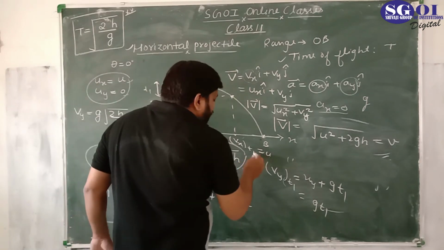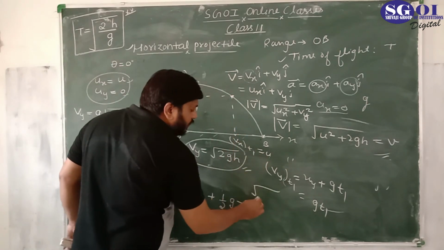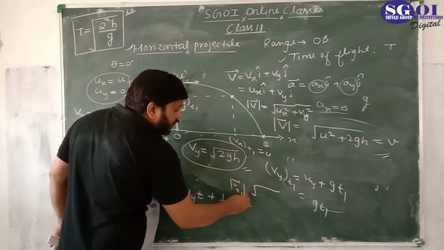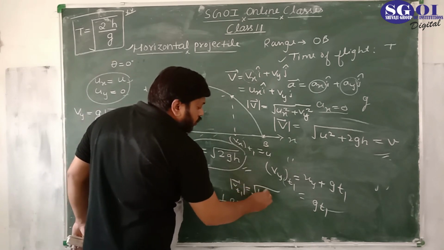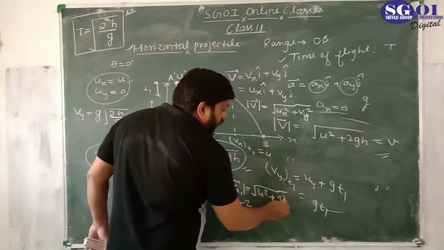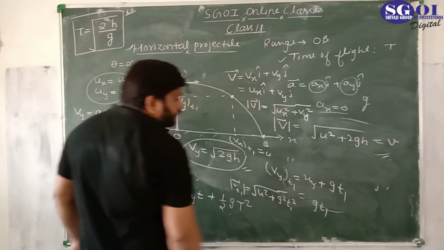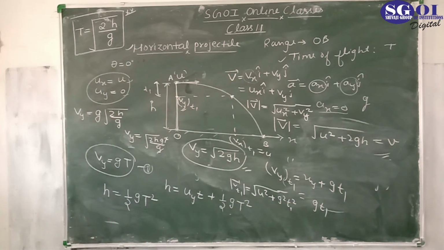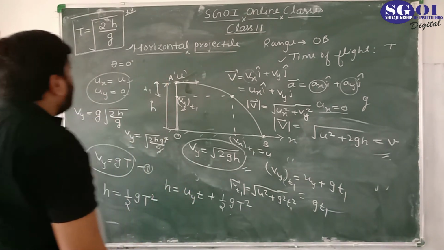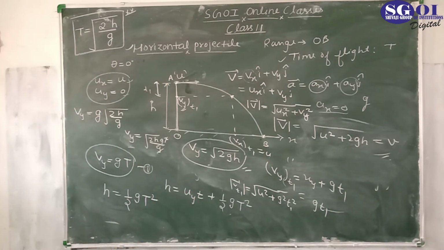So finally at this place the magnitude of velocity v at t1 would be under root of u square plus g square t1 square. So this is all about the horizontal projectile.